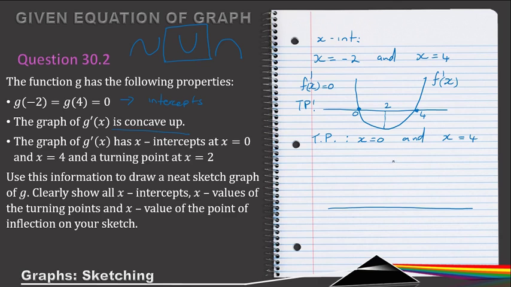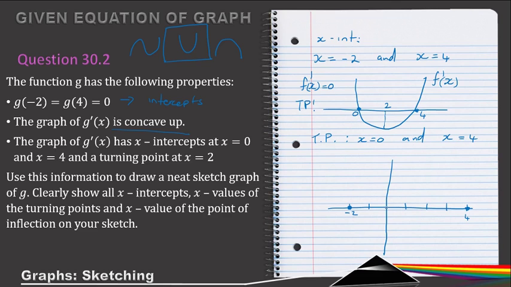If I draw it like here and here, we have that our x-intercepts are at -2 and 4. So let's draw 1, 2, and then 1, 2, 3, 4. So this is where my one intercept is, and that's where my other intercept is. Okay, turning points. So turning points are at 0 and 4.